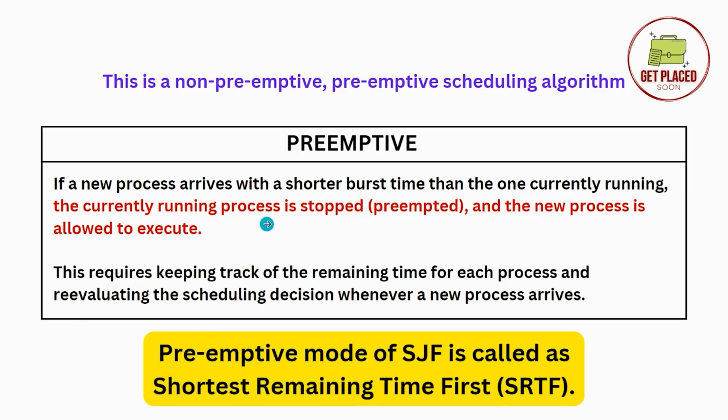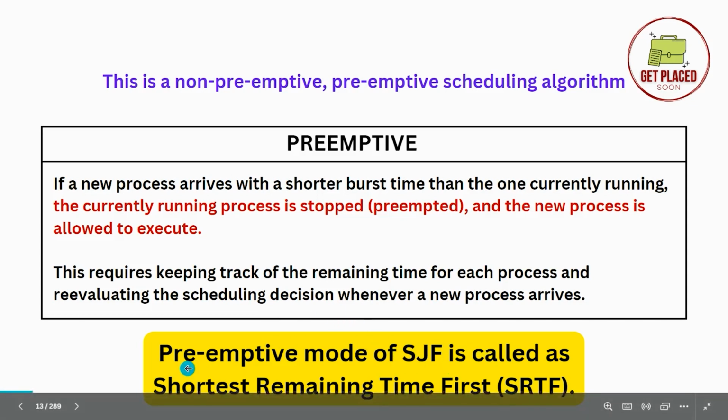Once the new process completes its execution, the previous process that we stopped will be resumed. To resume it, we need to keep track of the remaining time for each process, re-evaluating the decision whenever a new process arrives. The preemptive mode of shortest job first is known as the shortest remaining time first algorithm, that is SRTF.